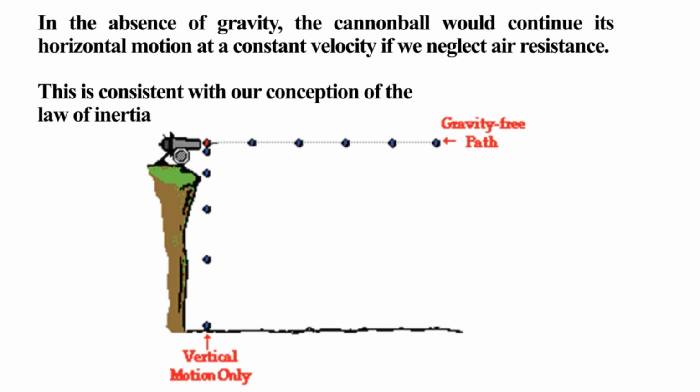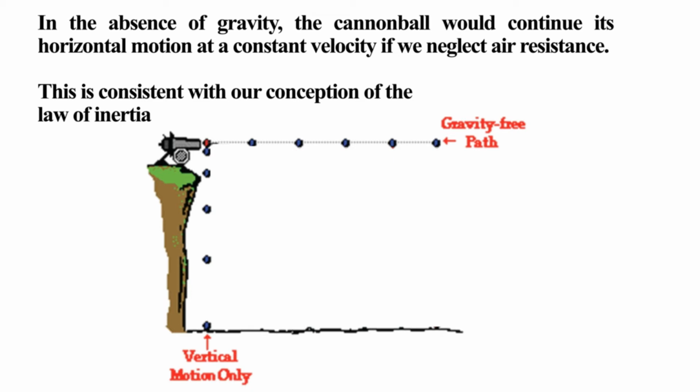Now let's look at this again. In the absence of gravity, the cannonball will continue its horizontal motion at a constant velocity, if we neglect the air resistance. First it was falling under the influence of gravity, and then it fell vertically, so we have the vertical motion only taking place.